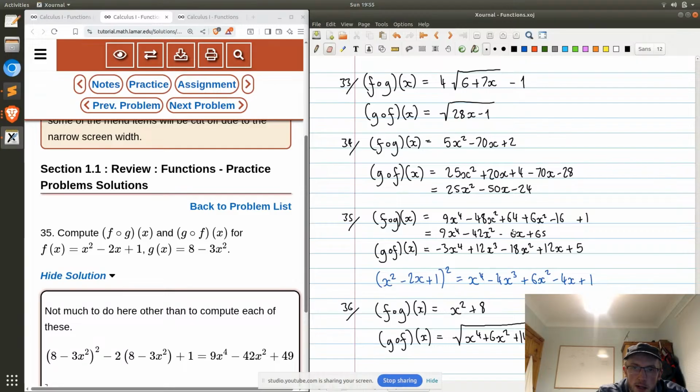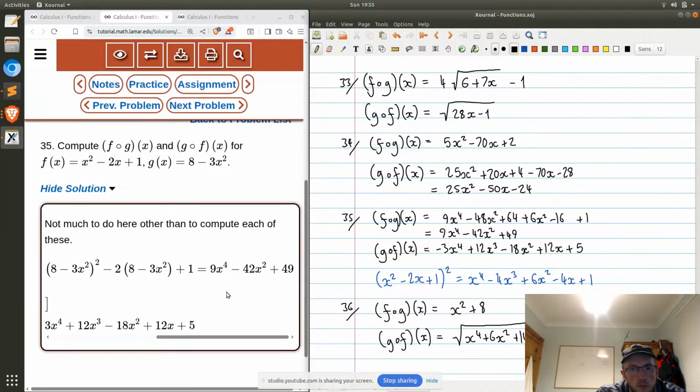So in fact, there's no linear term. 64 minus 16 is 48 plus 1, so 49. And now it's correct.